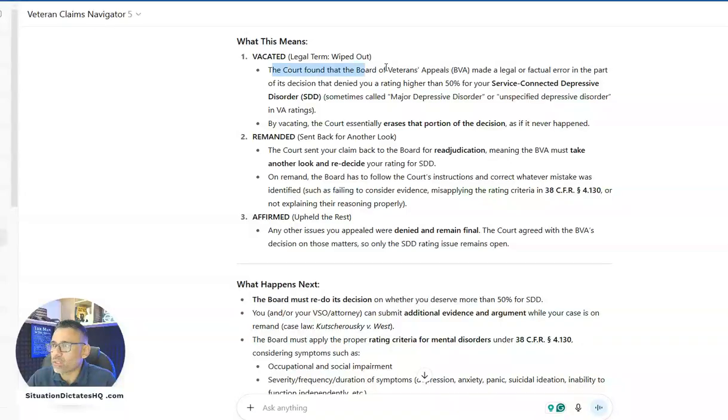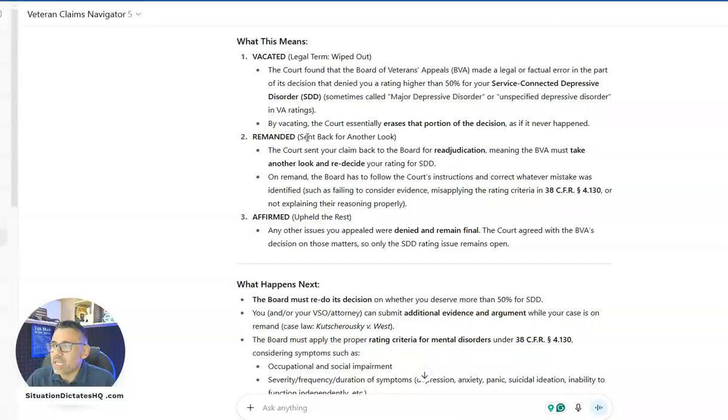The court found that the Board of Veterans' Appeals made a legal or factual error in the part of its decision that denied a rating higher than 50% for the service-connected depressive disorder, sometimes called major depressive disorder or unspecified depressive disorder. I was calling it severe depressive disorder. By vacating, the court essentially erases that portion of the decision as if it never happened.